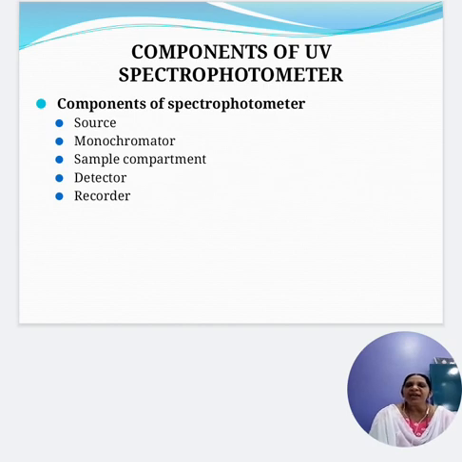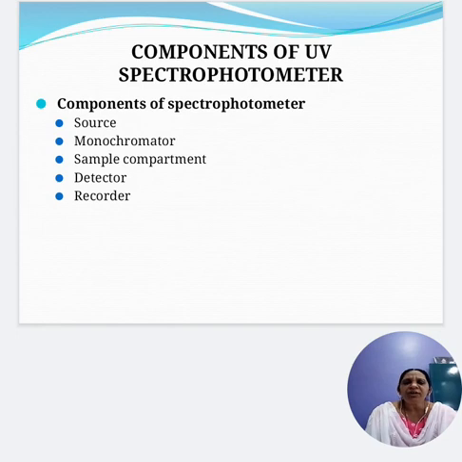So the 5 basic components of any spectrophotometer are the source, the monochromator, the sample compartment, also called the sample cell or sample container, then the detector and the recorder.